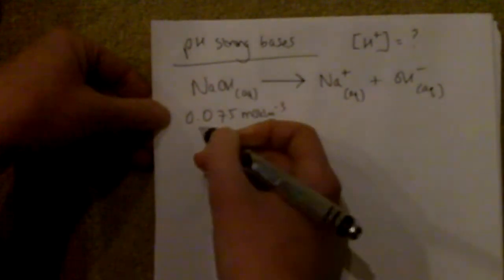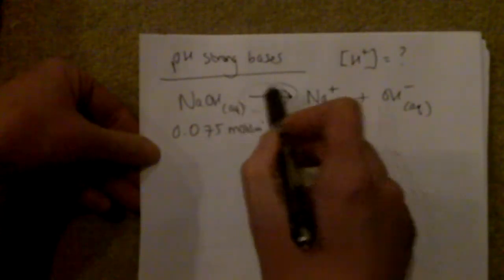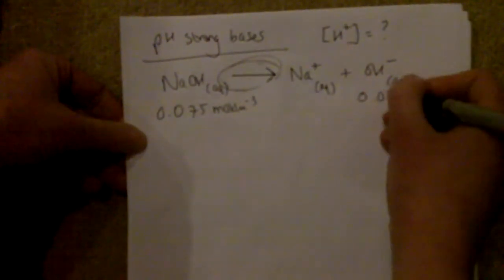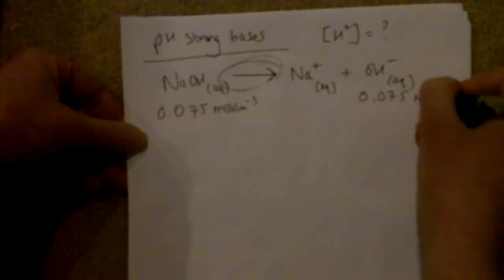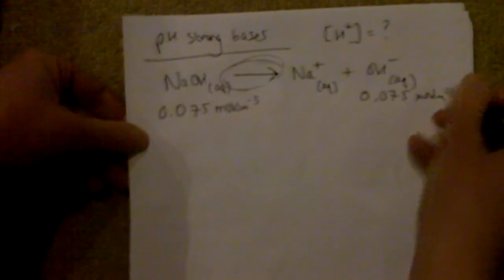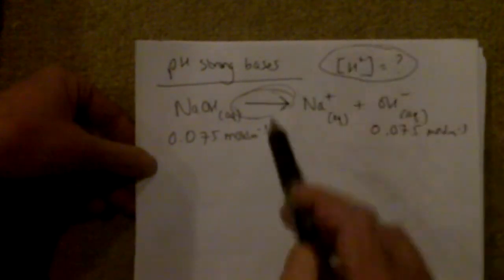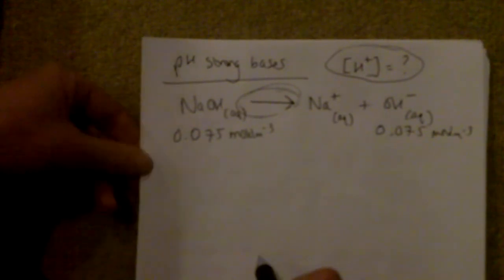I said partially, I meant fully. Because it's 1 to 1 to 1, the concentration there is exactly the same. Okay, but that doesn't help us because we want H+. So we need to use another method.